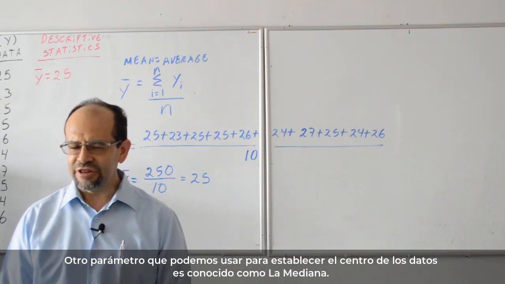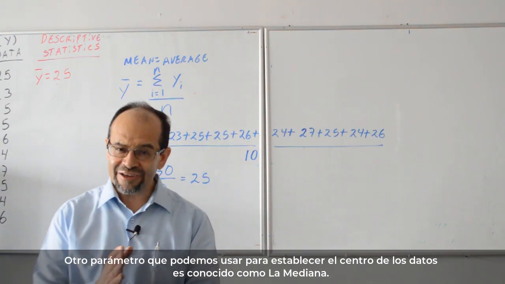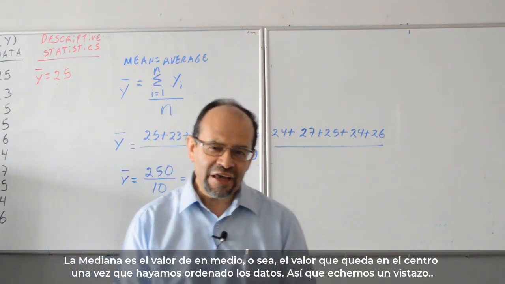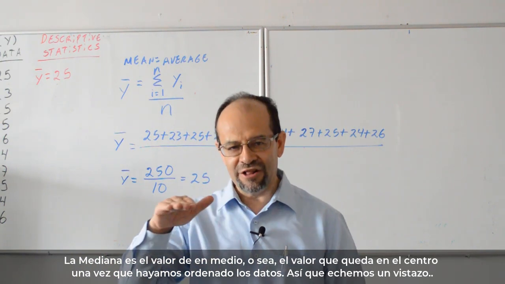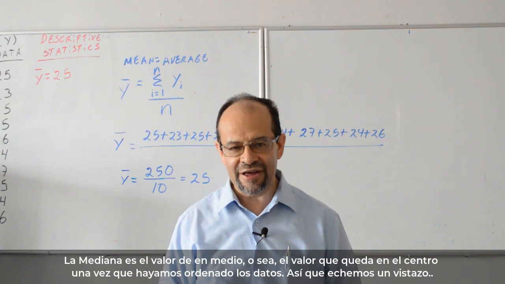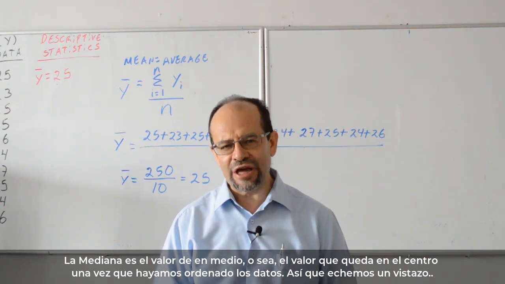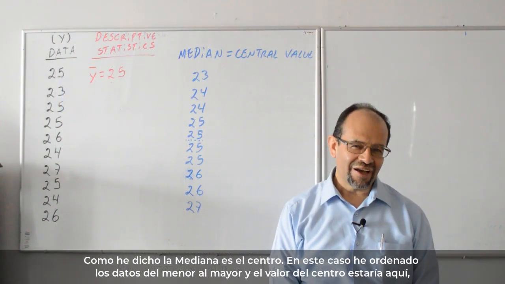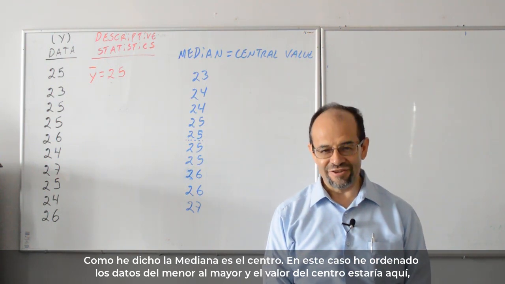Well, that is one way to evaluate where is the center of the data. Another parameter that we can use to establish the center of the data is known as the median. The median is the value of the middle, the value that is at the center once we have sorted the data. As I have said, the median is the center.